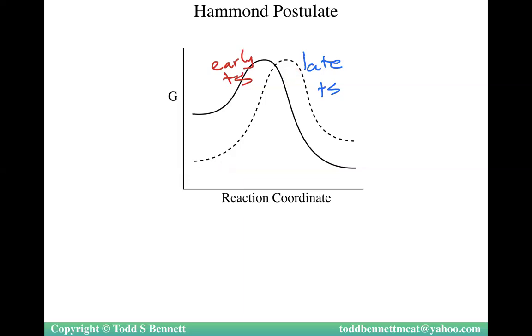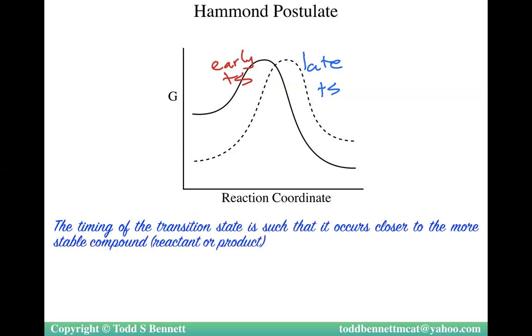So the Hammond postulate is that your transition state will reflect the species it is closest to in energy. If the transition state is closer to the starting material than the product, it'll be more like a reactant. If it's closer in energy to a product than a starting material, it will occur late, closer to the end of the reaction.